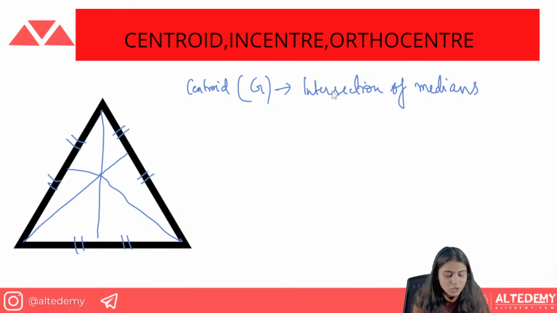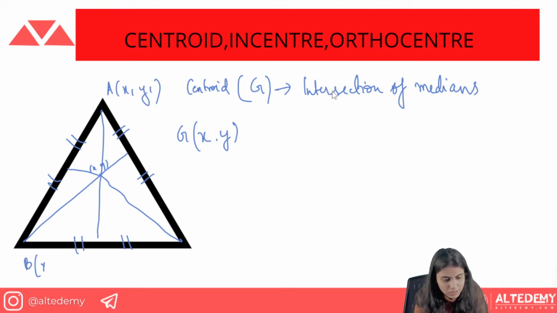Now how can you represent the coordinates of the centroid? You can represent them as G with X, Y. This is the point A, that is X1, Y1. This is the point B, that is X2, Y2. This is the point C, that is X3, Y3.